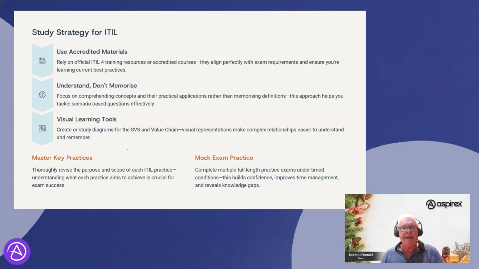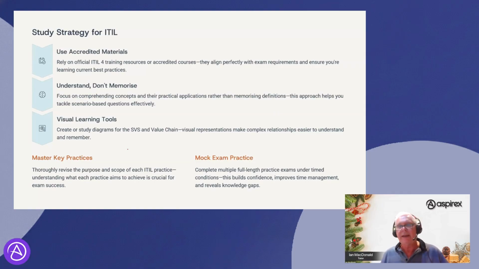Another hint and tip is, particularly where there are diagrams or a set of sequences, write them down. The service value chain and the service value system, if you look at them visually in ITIL 4, look very similar. One has 5 components, one has 6 activities.